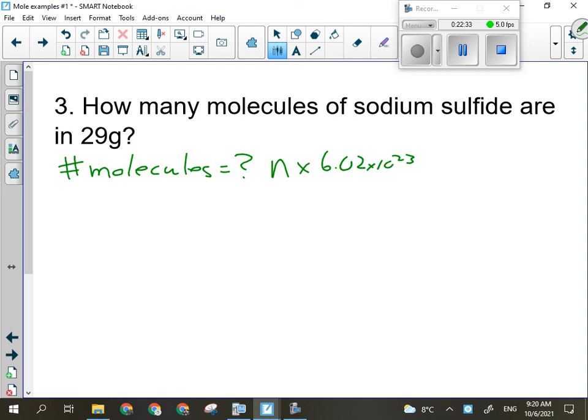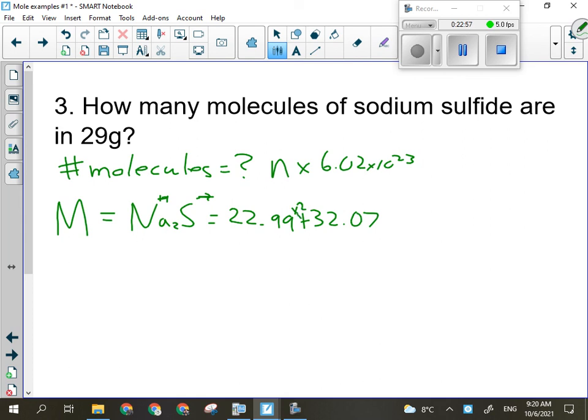What it gives me is that this stuff is sodium sulfide, that's Na, which is a +1, with sulfur, which is a -2, so we're looking at Na2S, so 22.99 plus 32.07, right? And I've got to multiply the 22.99 by 2, because there are 2 of them there.